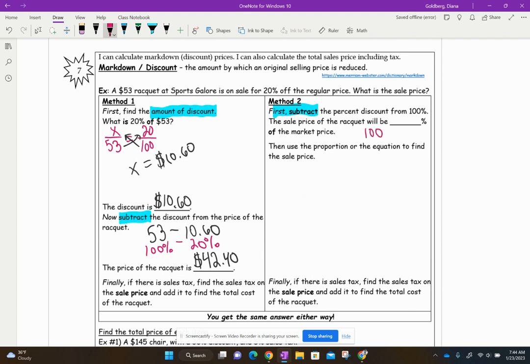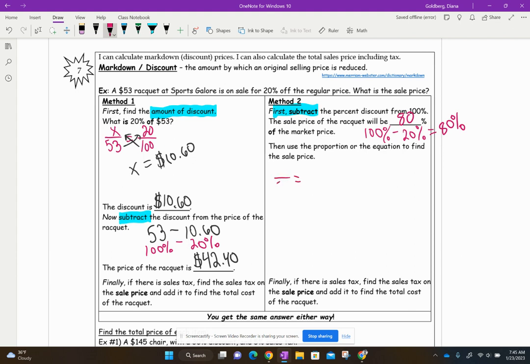So the sale price is actually 80% of the original. I am required to pay 80% of the price of the racket if I want to buy it with this sale. So from here, you can use the proportion or the equation, and you get immediately to the answer.